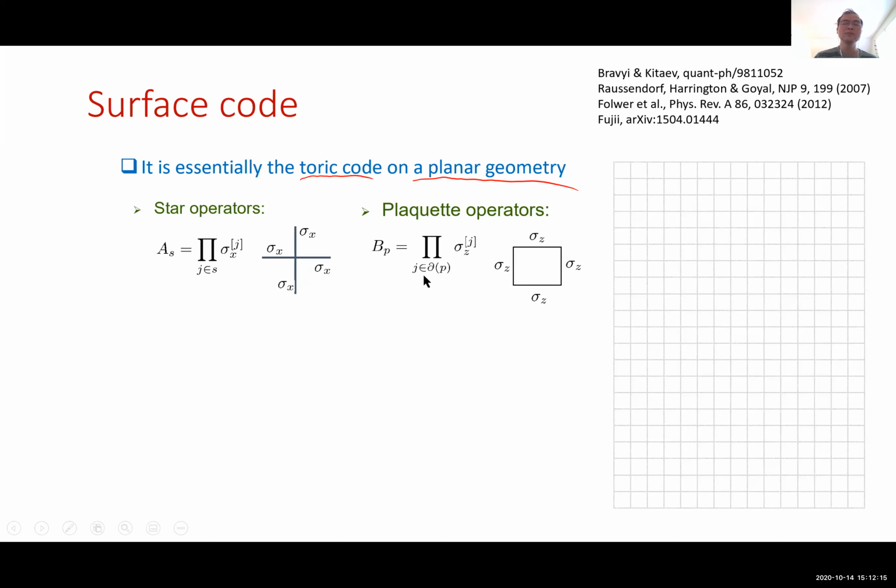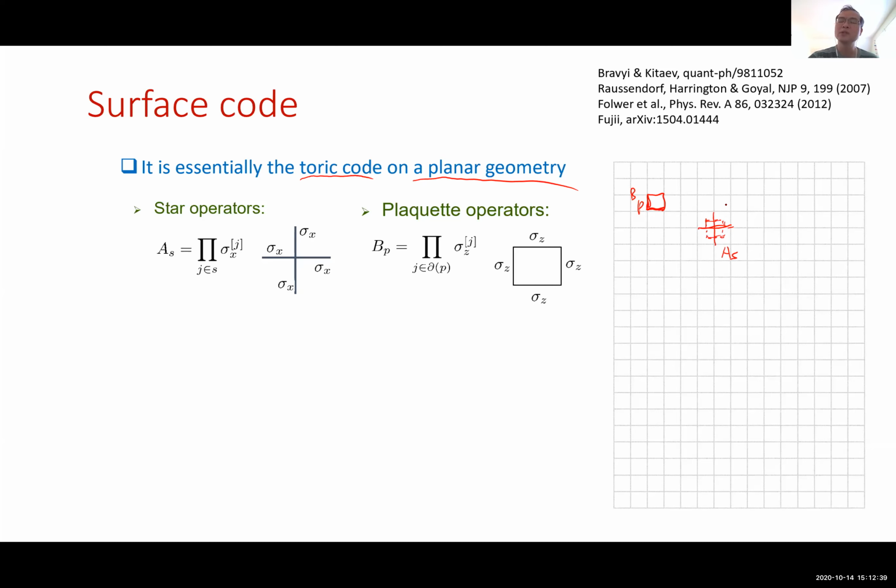Okay. So for example, there will be a plaquette here, B_P, and there could be a star operator, A_S. But the star operator, if you look at the sort of dual picture, there is also a plaquette on the dual lattice.